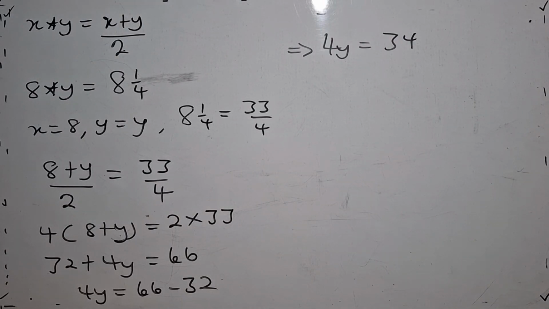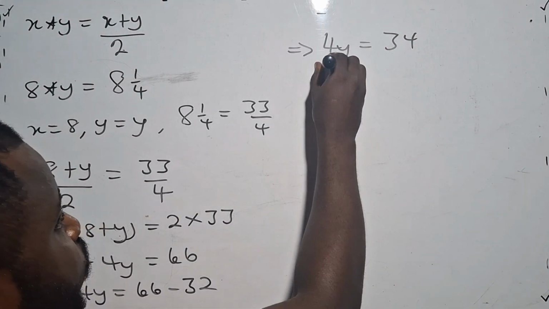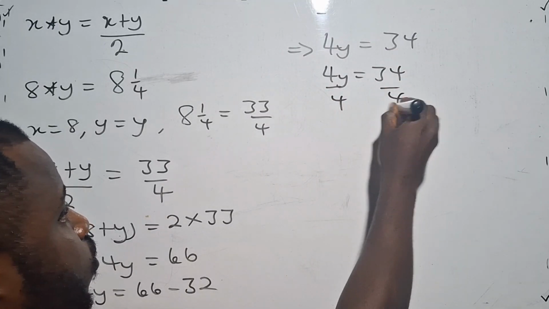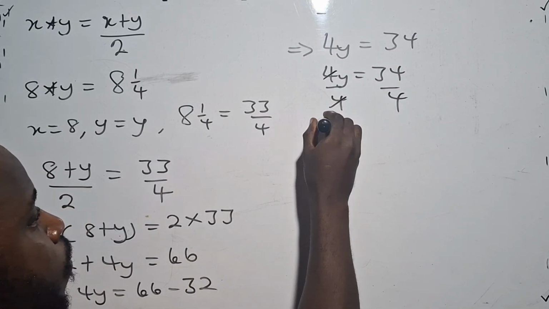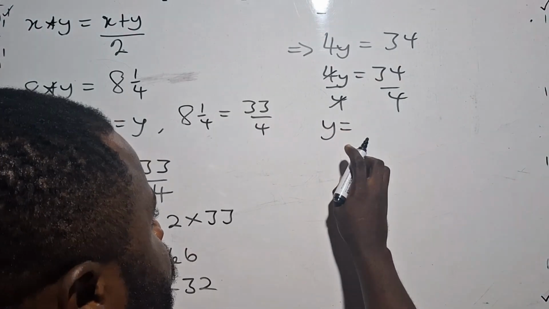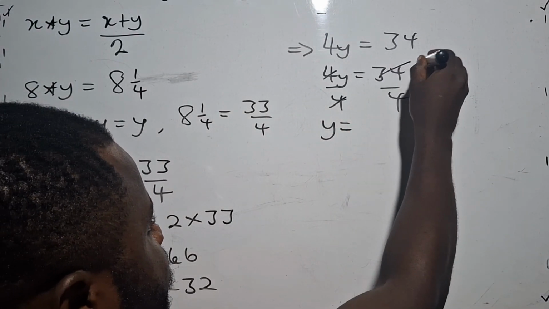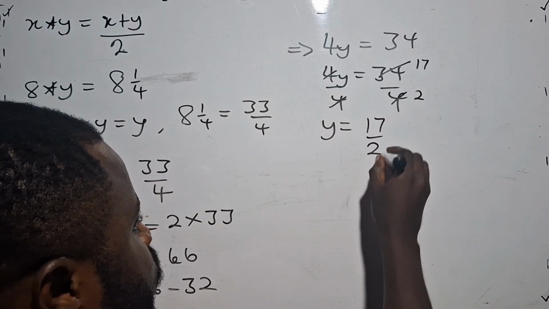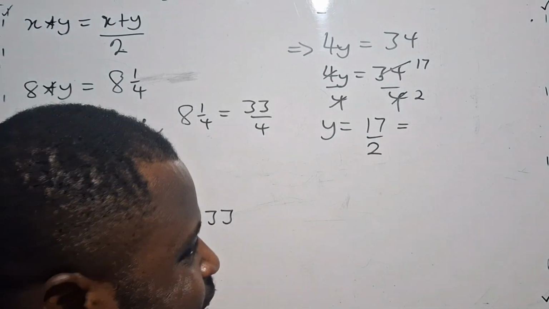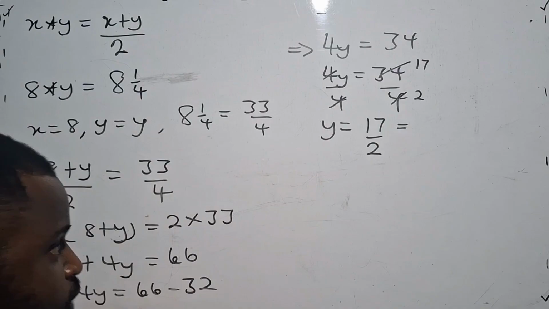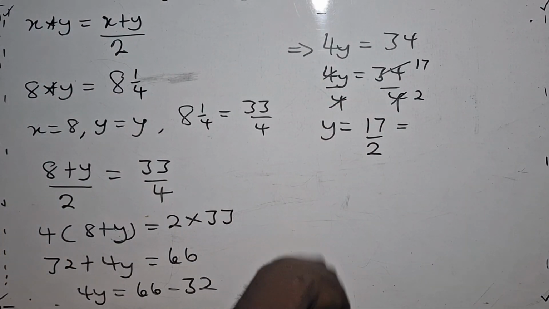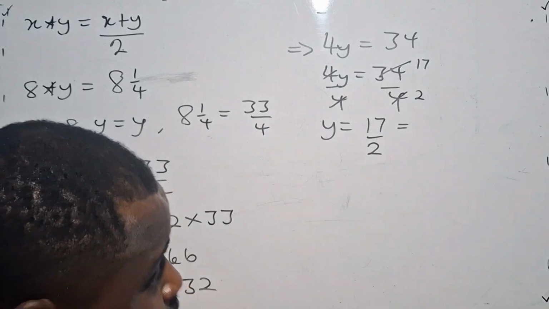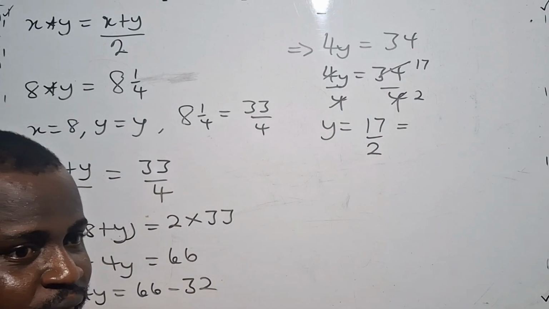So follow closely. So I'll divide both sides by 4. I'll get y here. So 2 can divide 34 and 4, 17 and 2. So here is 17 on 2. Or I can also leave it in mixed fraction form or in decimal form. Whichever way you'll be correct. So 2 can go into 17 how many times?